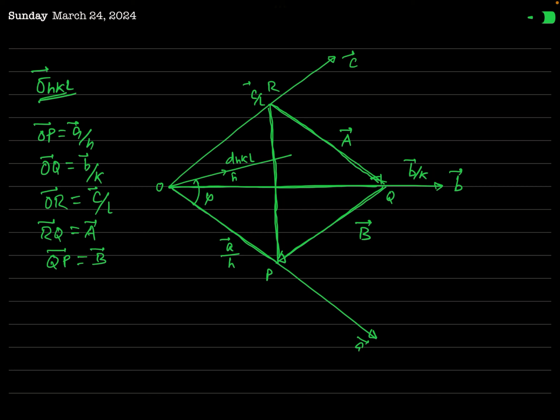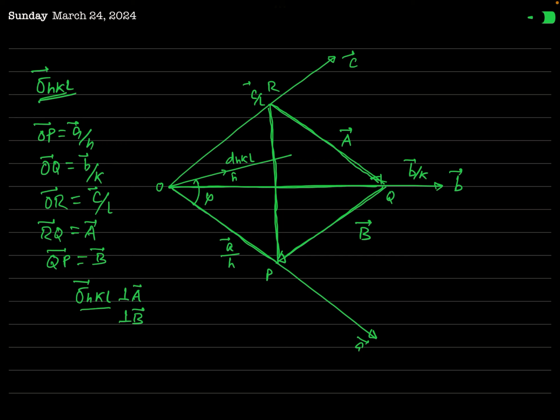Now, if we are able to prove that this sigma HKL, that is the reciprocal lattice vector, is perpendicular to vector A, and it is also perpendicular to vector B, where A and B are lying in this HKL plane, then we can easily say that this sigma HKL is perpendicular to the plane HKL.